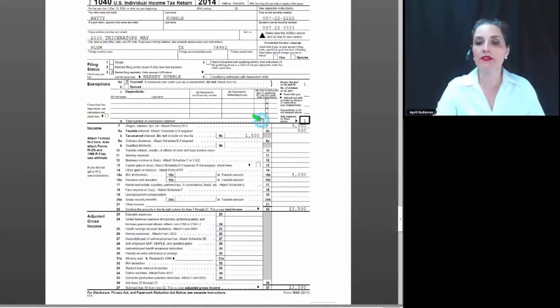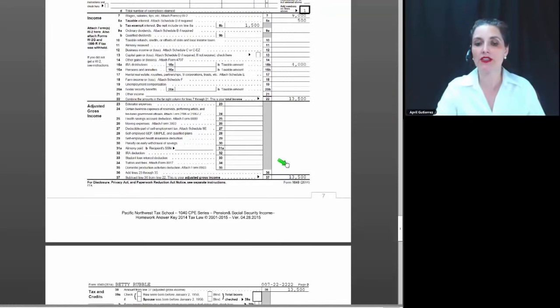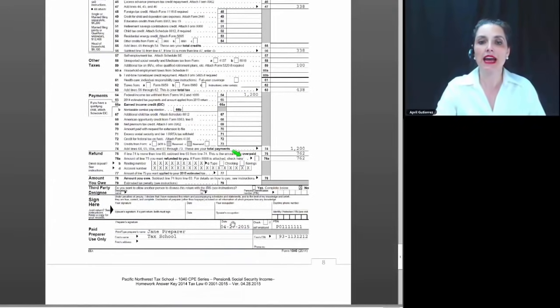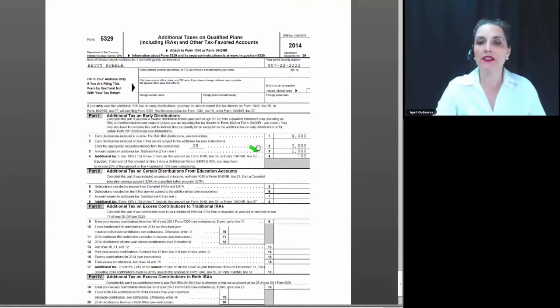And we can see we've entered her wage income of $9,000, we've entered her U.S. bond interest of $500, and also her Galveston tax-exempt interest is entered on line 8B. On line 15, we've shown that her distribution from her IRA is $4,000, and she has adjusted gross income of $13,500. So the question is, is she going to be able to get out of any of the penalty for the additional tax on IRAs? And the answer is yes.